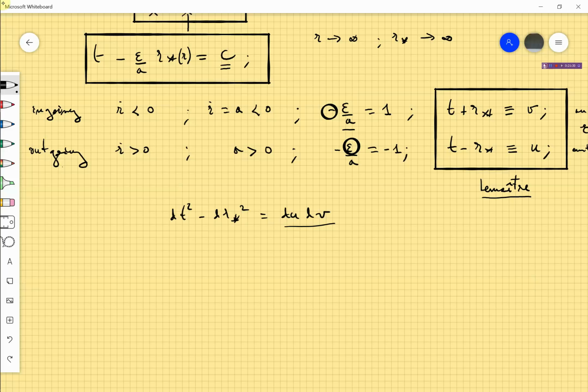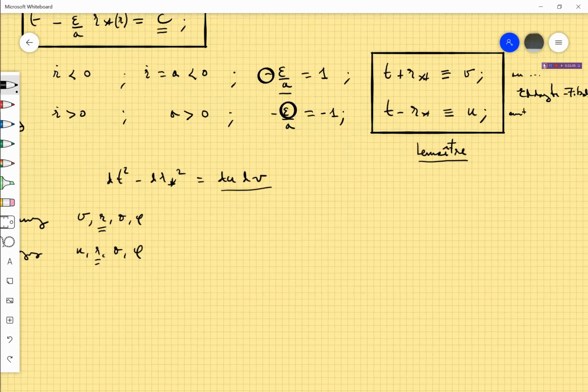So incoming means replacing t. We have the original coordinates, so you replace t by v, and outgoing you just replace t by u. And you keep the coordinate r. This is important, and this is easy to do.